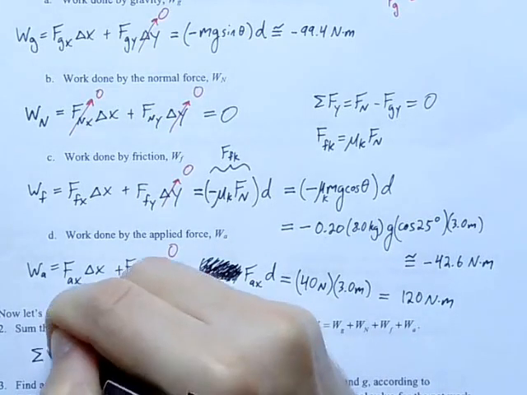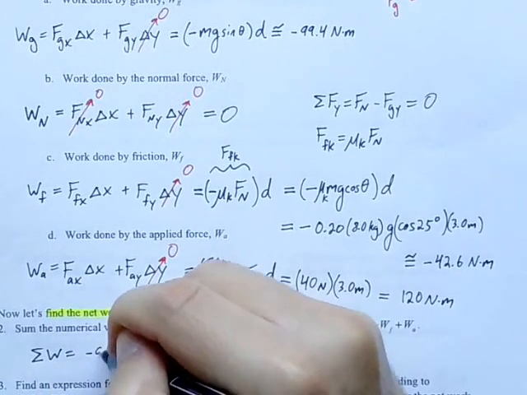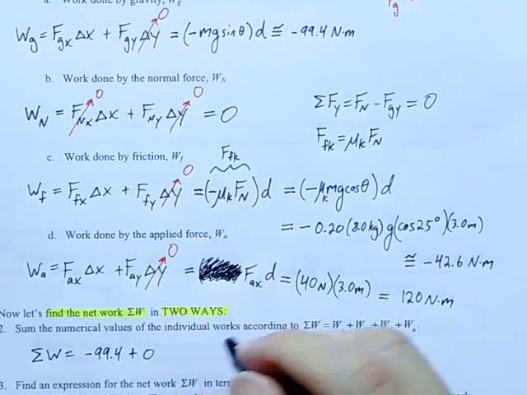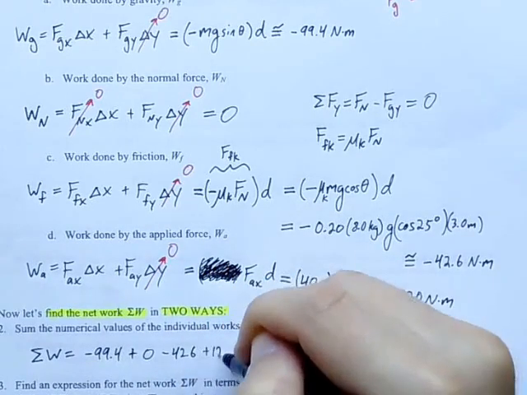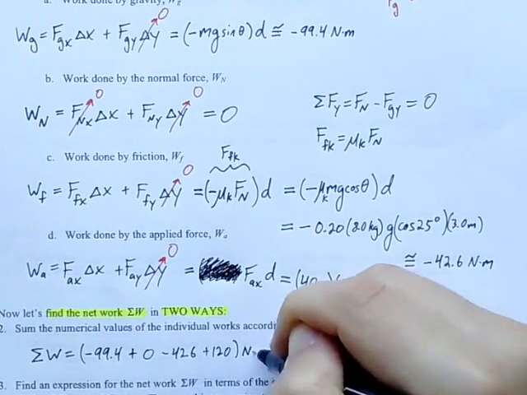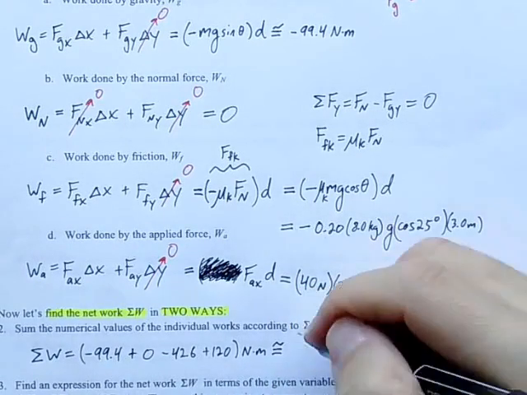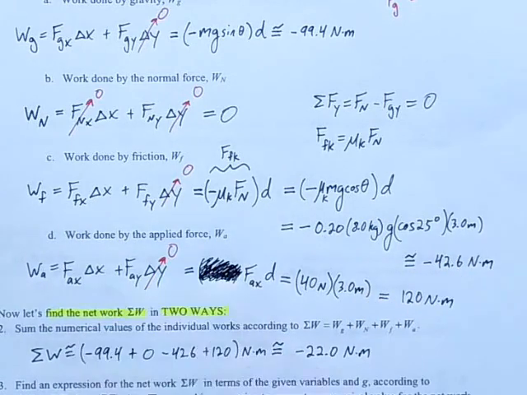So the net work is the work done by the force of gravity plus the work done by the normal force plus the work done by the force of friction plus the work done by the applied force. So we have the numerical values for those. Negative 99.4 plus 0 minus 42.6 plus 120. Those are all in Newton meters. Include those units. Sum those and it comes out to about negative 22.0 Newton meters.